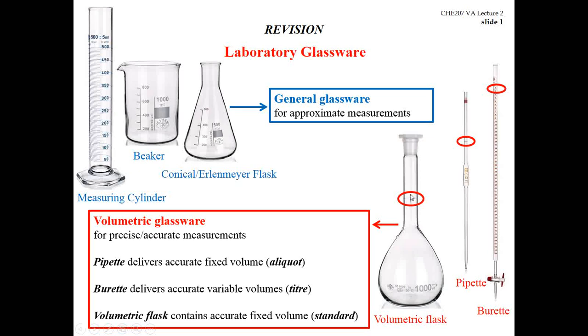So the correct position to use this glassware is to raise them to your eye level so you can see only a single line across the neck of the flask, the thin tube of the pipette, and of the burette.